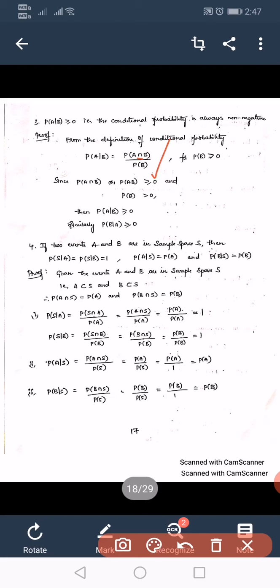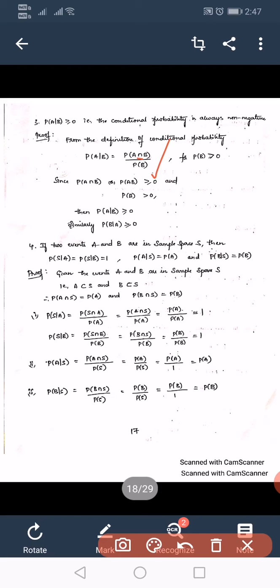So here if P of A intersection B is greater than or equal to 0, then P of B is also greater than or equal to 0. Then P of A given B is greater than or equal to 0. Or similarly we can say P of B given A is also greater than or equal to 0, which is a non-negative number.